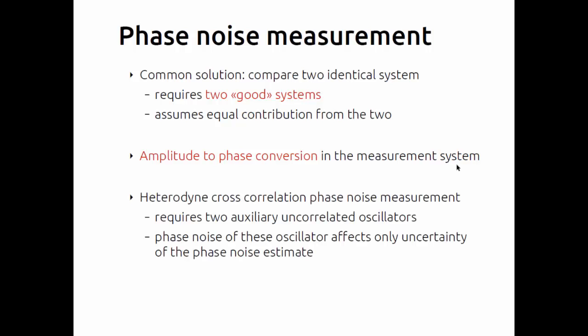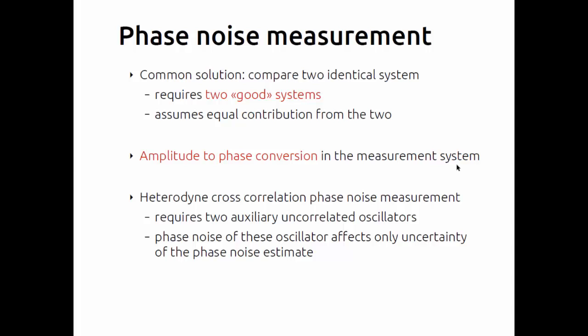So we decided to go for a heterodyne-based cross-correlation phase noise measurement system. This requires two extra auxiliary uncorrelated oscillators to be compared with the good one we want to characterize.